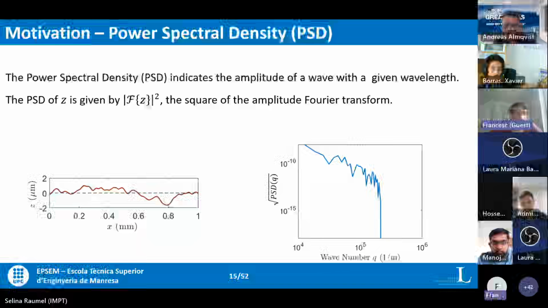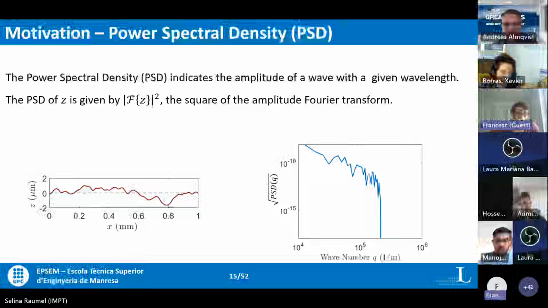But we can still interpret it as the same as before. So basically, the power spectral density is given by the square of the Fourier transform. What it's doing is taking the profile, splitting it into many sinusoidal waves at different wavelengths, and then for each of them, it's giving the square of the amplitude, and that's what's being plotted, and that's what the power spectral density is.